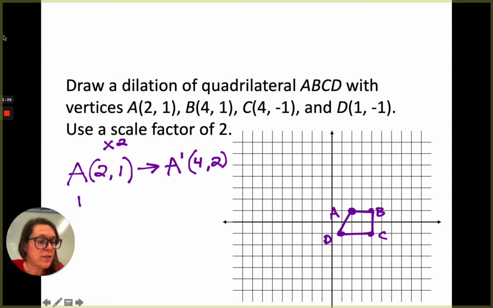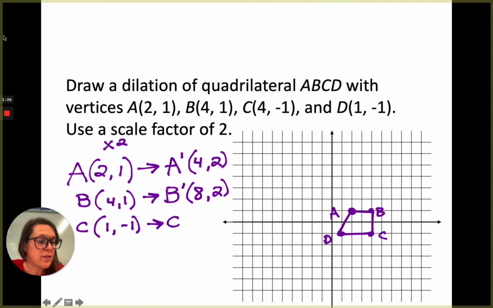I'm going to do the same thing for point B. Point B is at 4, 1. If I multiply everything in there by 2, then the image of B would be at 8, 2. C is at 1, negative 1. If I multiply everything there, then its image would be at 2, negative 2. And then D is at 1, negative 1.